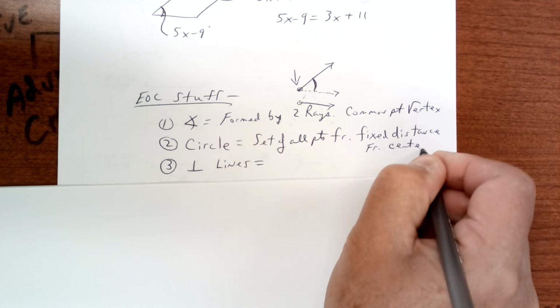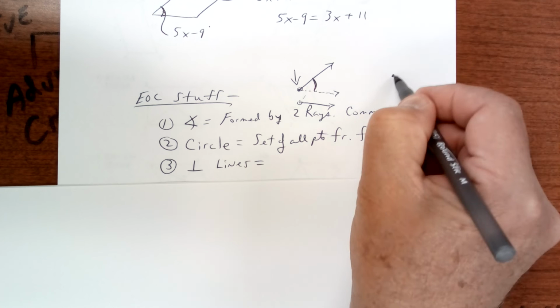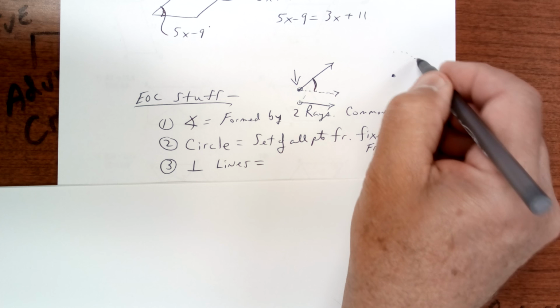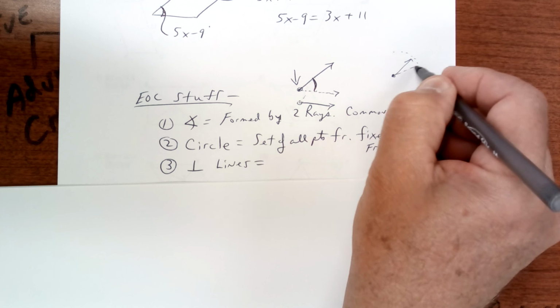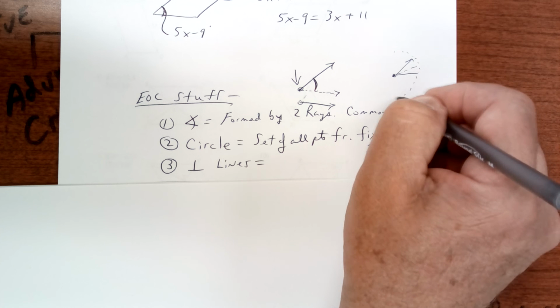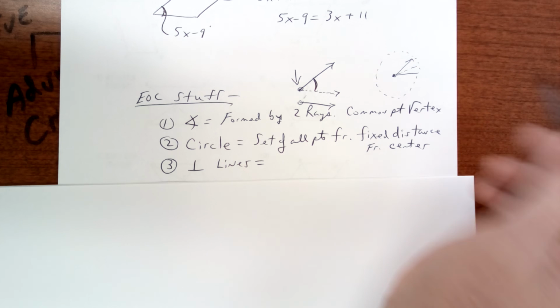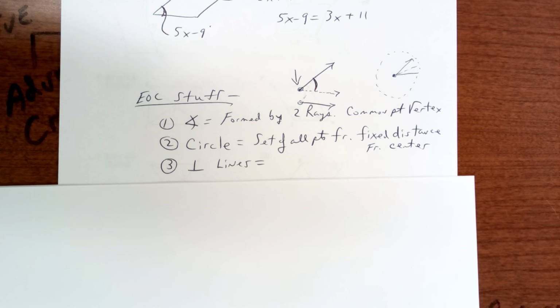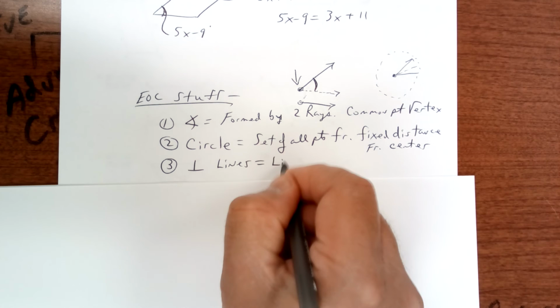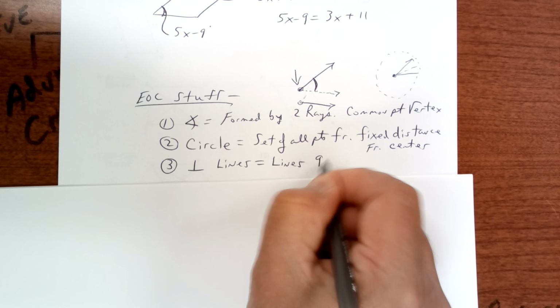So a circle, if you put a point and then you put a bunch of points that are the same distances, the radius, then you have a circle. And then finally, perpendicular lines are lines that are 90 degrees to each other.